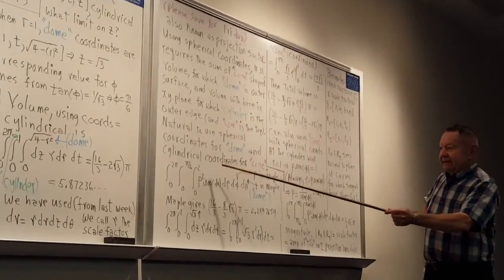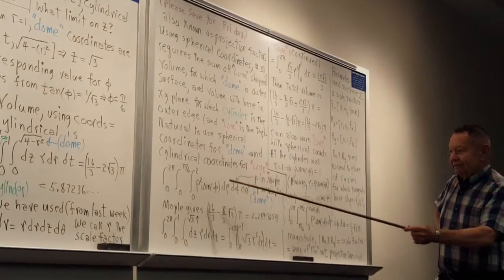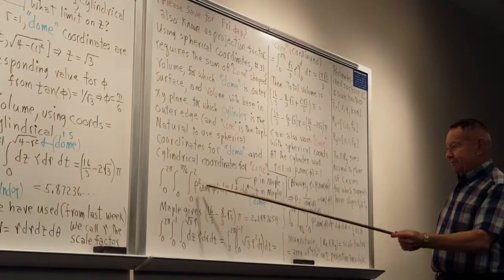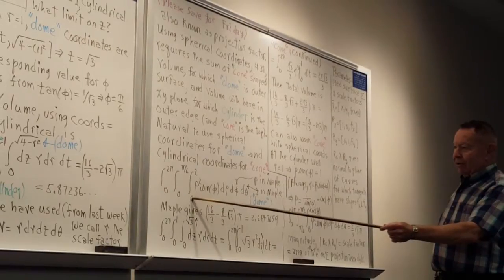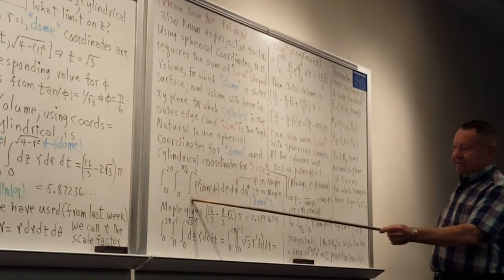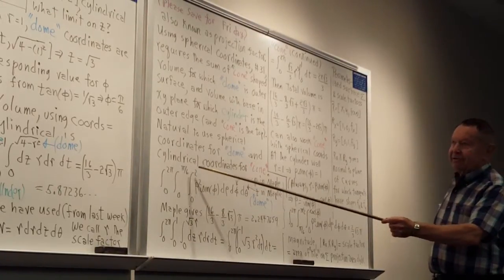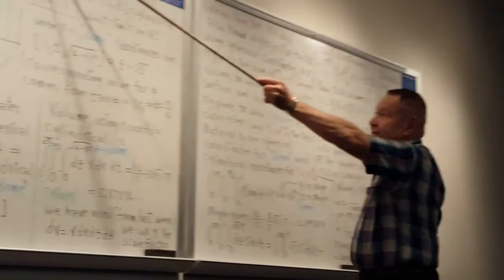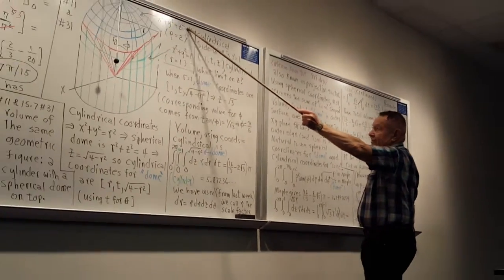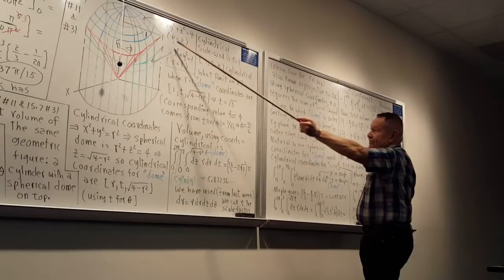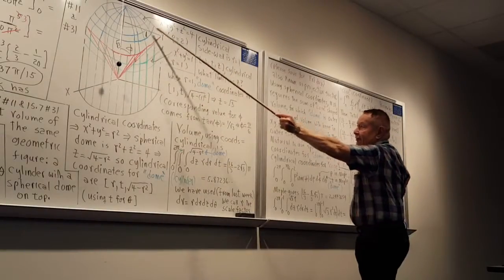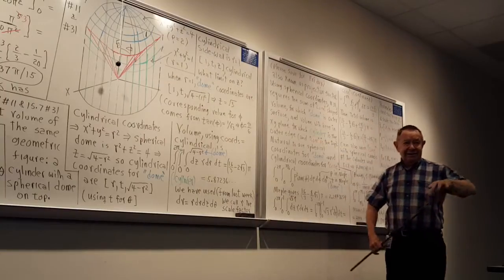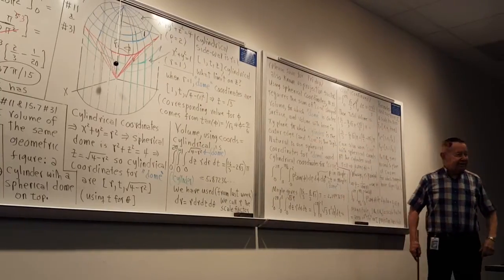And so for the dome then, you see the rho, which is measured from the center, goes 0 to 2. If it's this in Cartesian coordinates, it's just simply rho from here out equals 2. And then the angles can vary as they do.